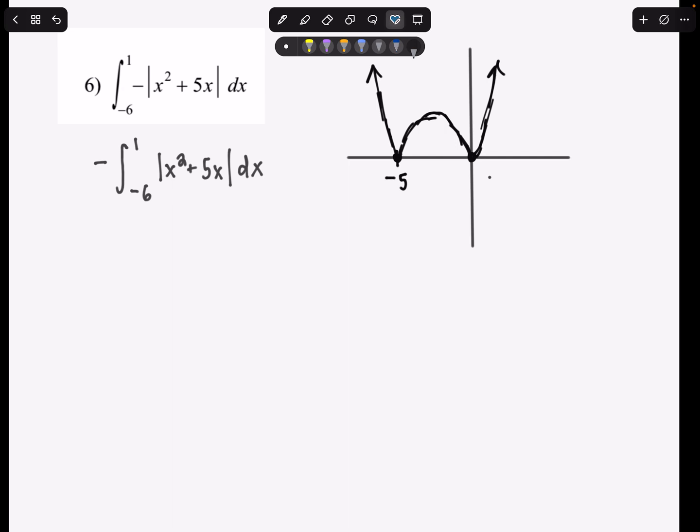So when we're taking the integral from -6 to +1, remember we're finding the area underneath that curve. So I'm going to find, let me use a highlighter, this area right here.